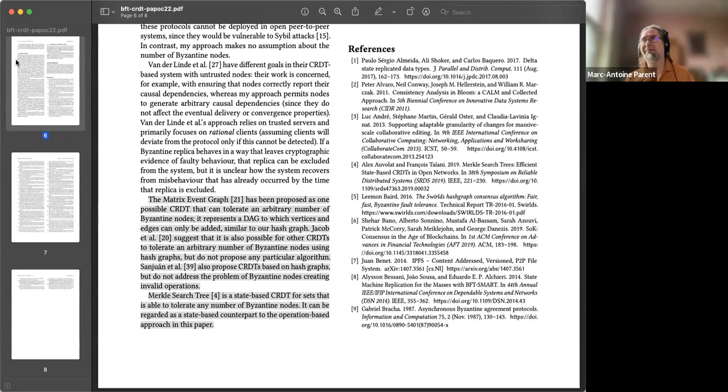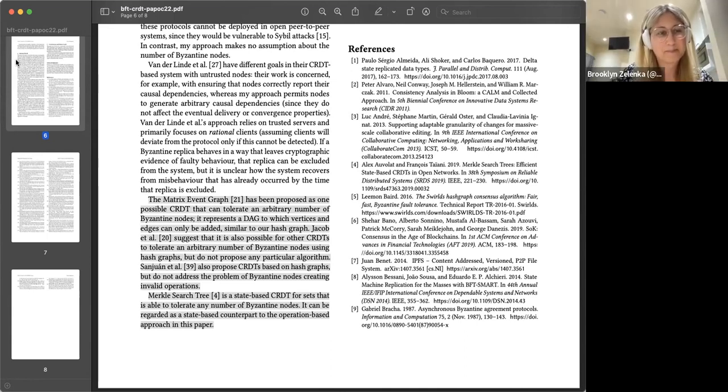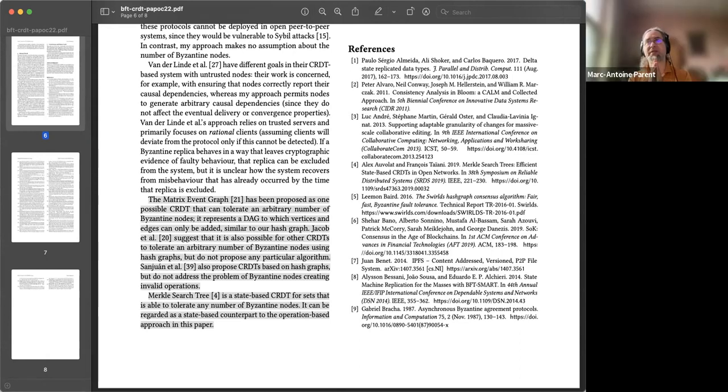That's correct. Yes, the question is, what about lost IPLD records, I guess, in your world? In our case, yeah. And this becomes a question of redundancy.